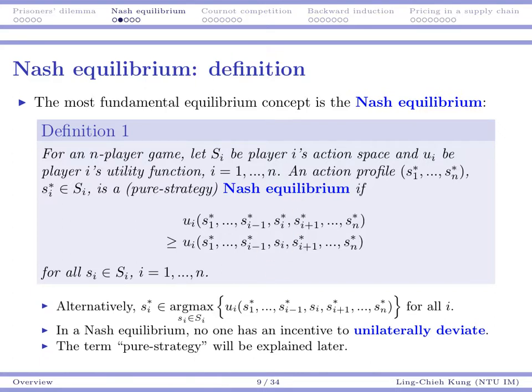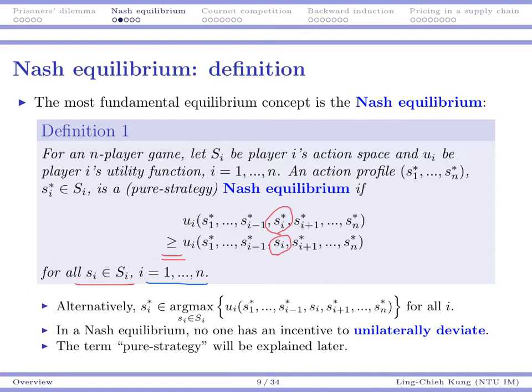Originally I am choosing Si star, and the utility for me to take Si star is greater than or equal to that of any other Si. So if others do not deviate, then I do not deviate. If that's true for all the players, then it is a Nash equilibrium.